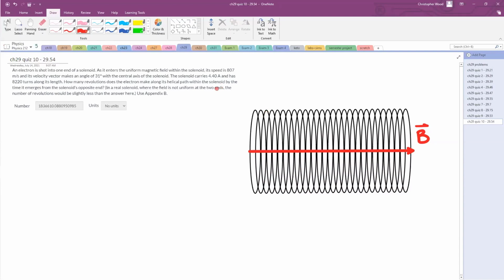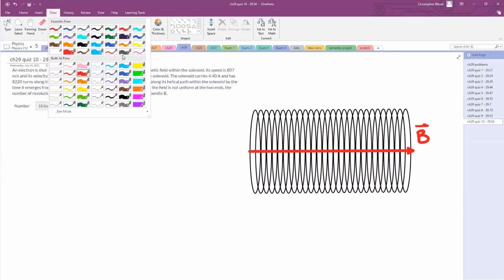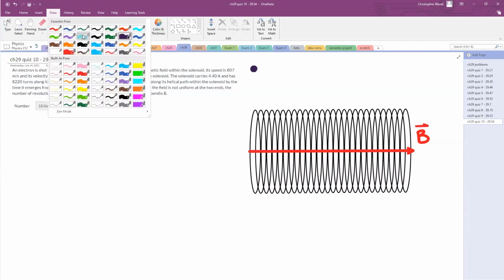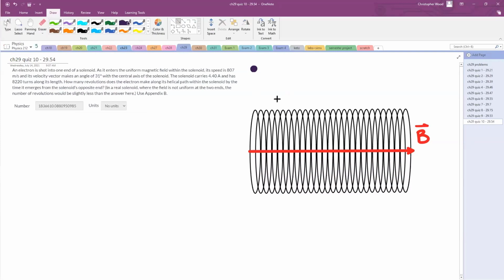All right, so now you shoot an electron. So here's an electron right here. You fire this electron at an angle of 31 degrees with respect to the longitudinal axis. Like I'll draw it even like this.